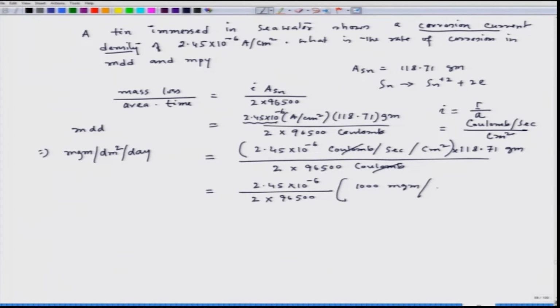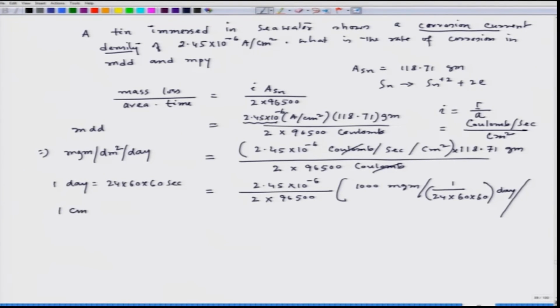So, this second becomes 1 divided by 24 into 60 into 60 day, because 1 day is equal to 24 hours, 60 into 60 seconds. And centimeter should be in decimeter.